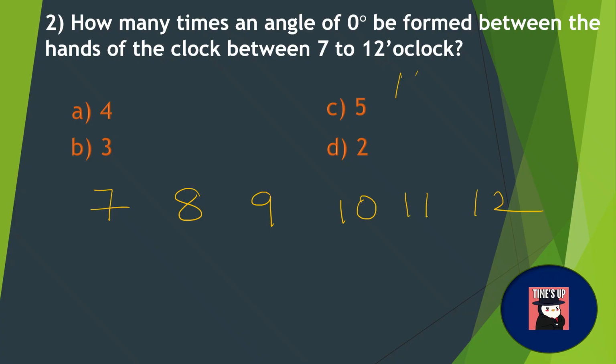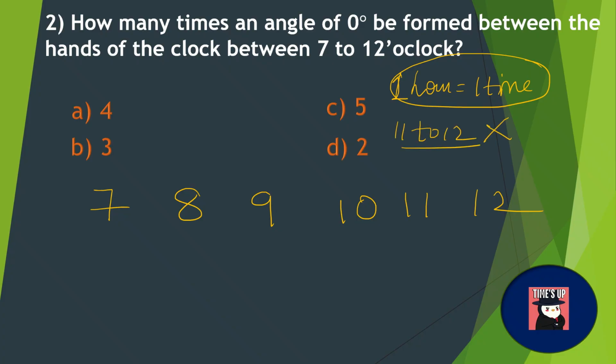In 1 hour, 1 time 0 degree angle is formed, correct? And from 11 to 12 o'clock, no 0 degree angle is formed. Remembering that point?